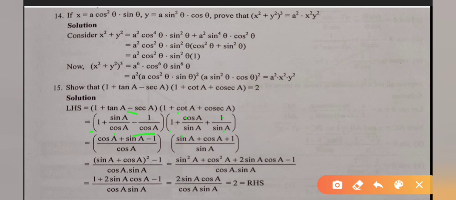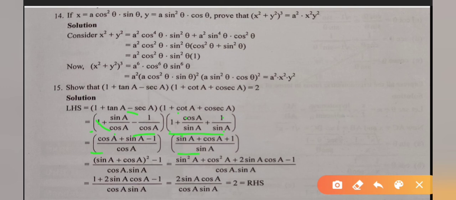Next, take cross multiplication of the LHS. What we get here after cross multiplying is cos a plus sin a minus 1 upon cos a, into, here also the same, take the LHS and cross multiply, sin a plus cos a plus 1 divided by sin a.